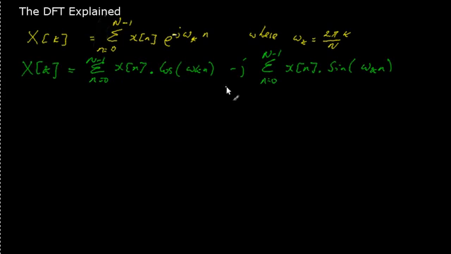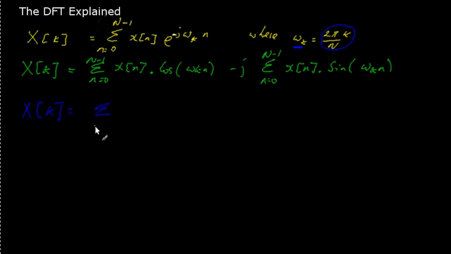Before getting into that, I just want to expand out this expression a little bit more so that we have an understanding about what we'll see in the figure. All I'm going to do is substitute omega k here for its defined value, 2 pi k over capital N. And remember that capital N is the number of samples in the signal that you're analysing.